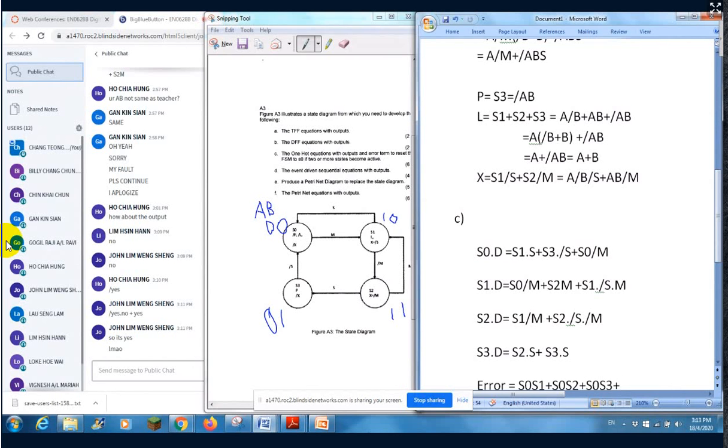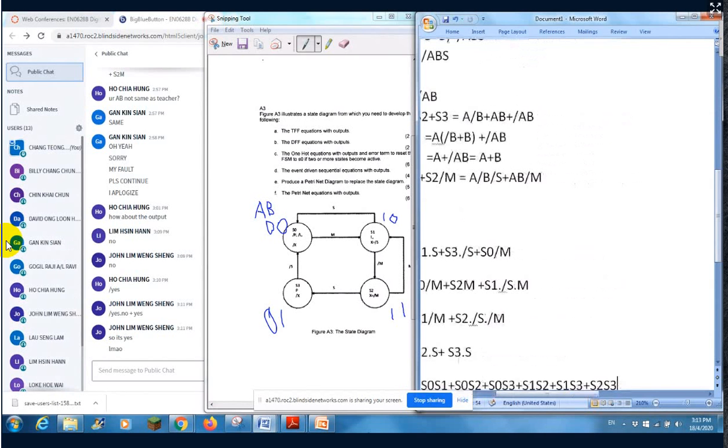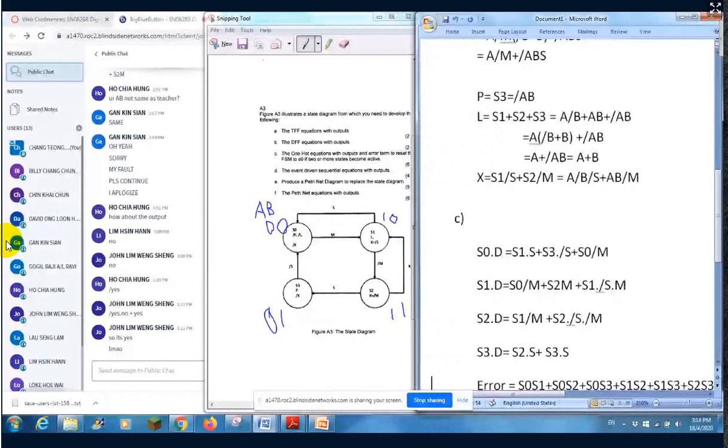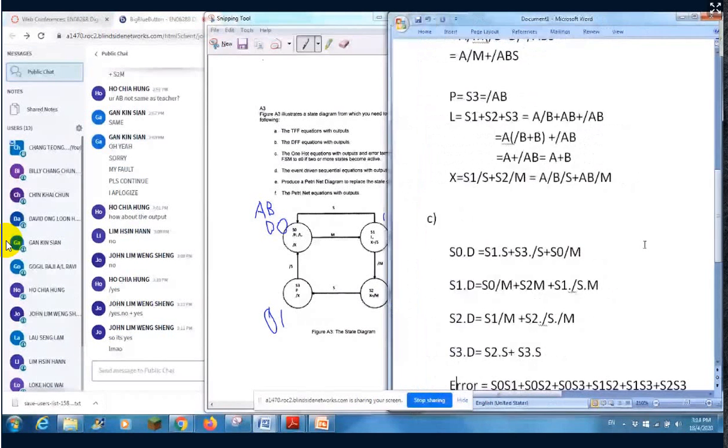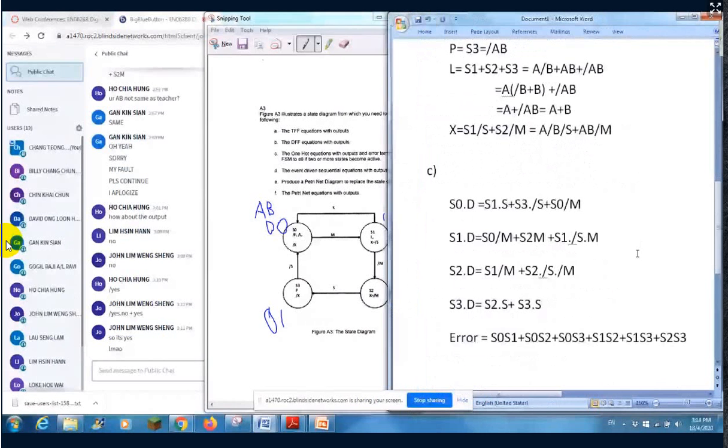And then you repeat it: S1 S2, or with S1 S3, or with S2 S3. Okay, so this is your error term.